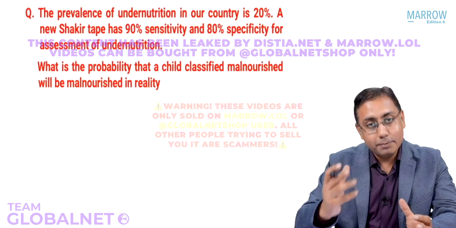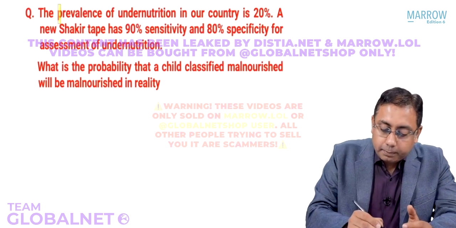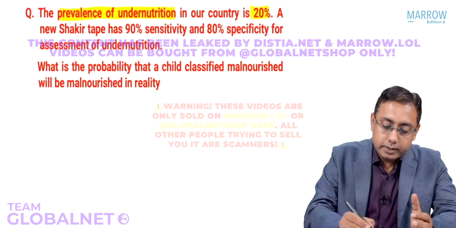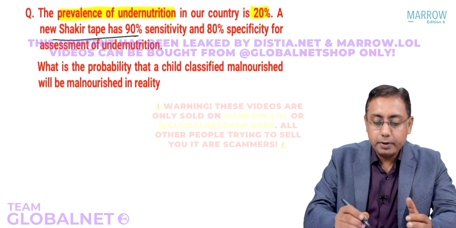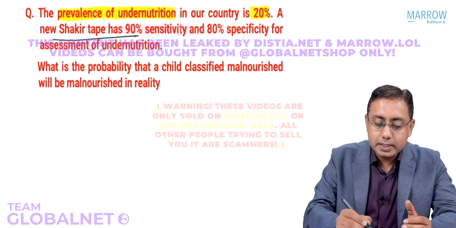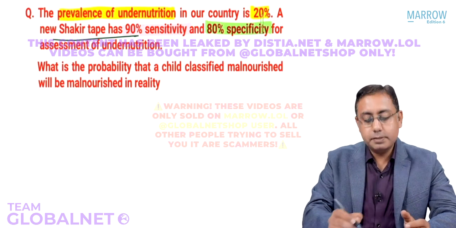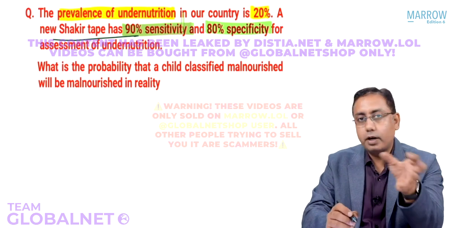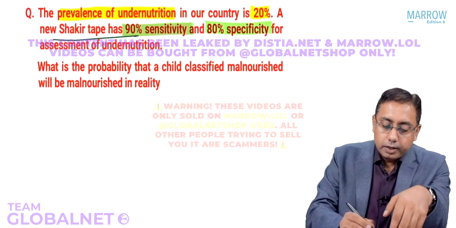So if you look at the MCQ right now, the prevalence of undernutrition in our country is 20%. A new Shakir's tape was launched in the community with 90% sensitivity and 80% specificity for undernutrition assessment. Now the MCQ starts.